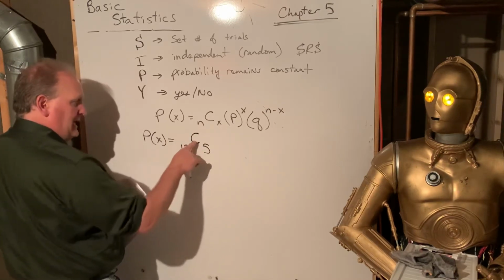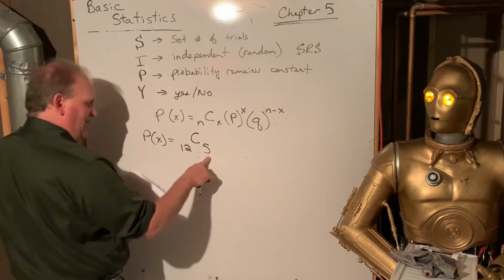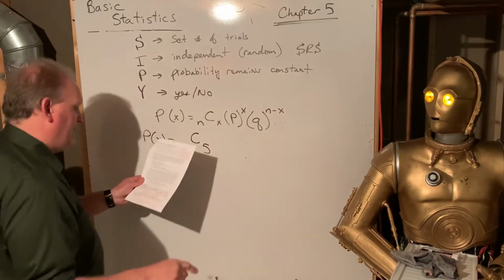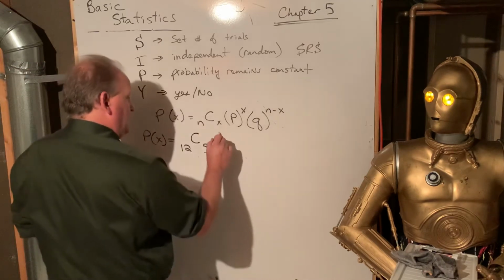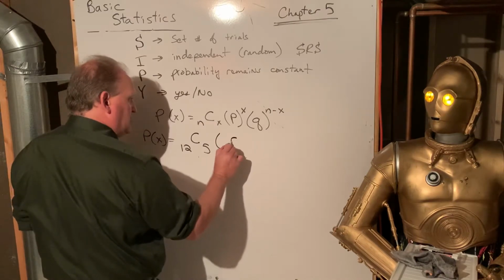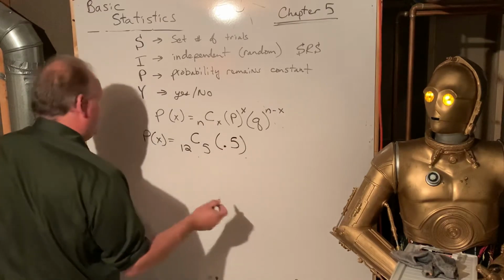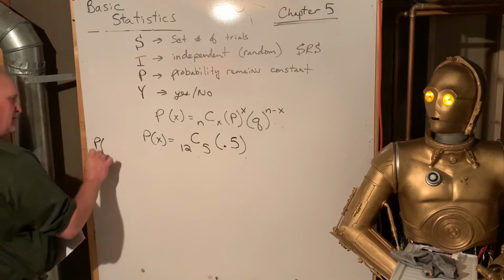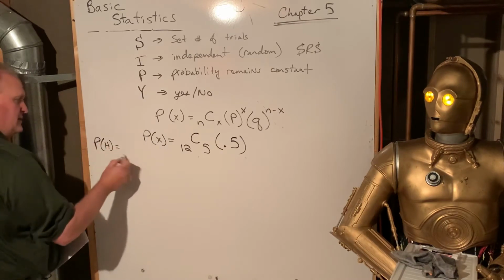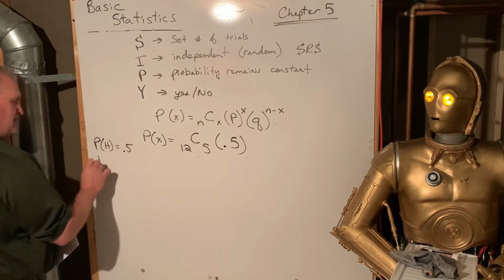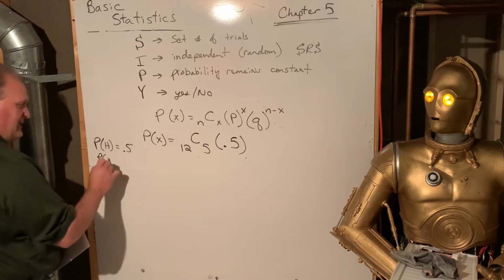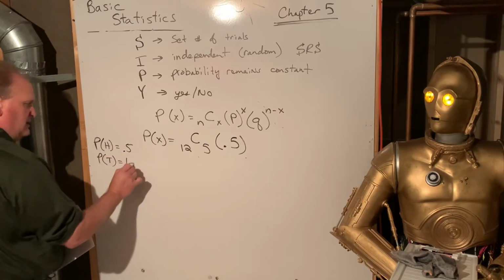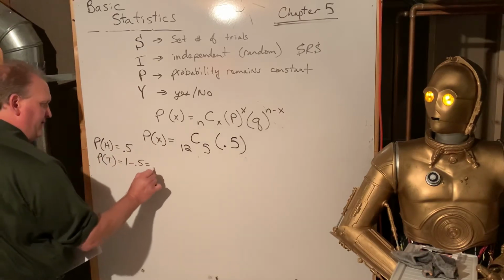Choose 5. So a combination of 12 items taken 5 at a time. And then the probability of it occurring, well, the probability of getting heads when you flip a coin is 1/2. So that means the probability of not heads or tails is also 1/2.